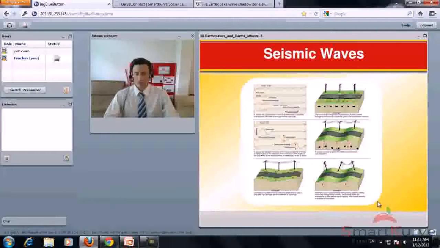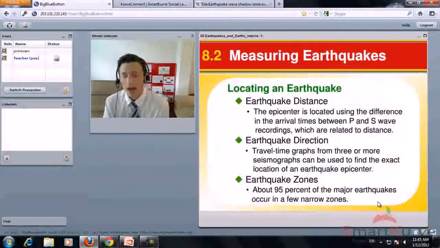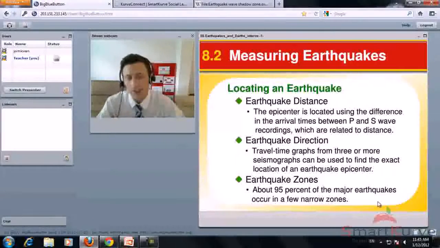All right, moving on. So remember, our P waves, pushing and pulling, and they are the faster waves. The S waves are the shaking waves, and they are slower. And understanding the difference between these two waves is what helps us to determine earthquake distance.